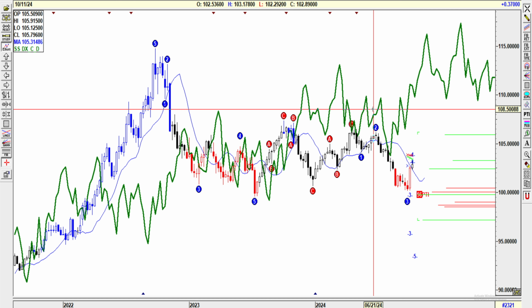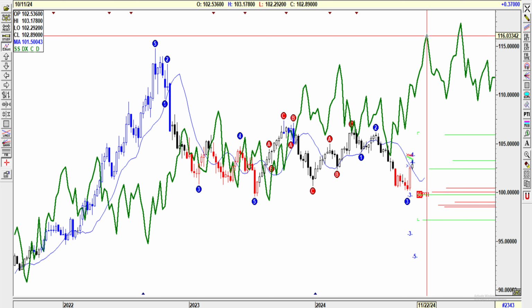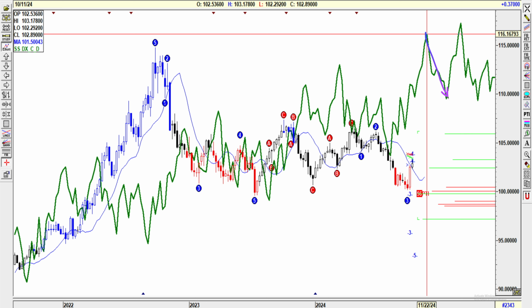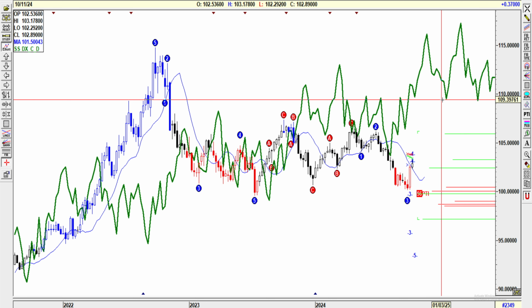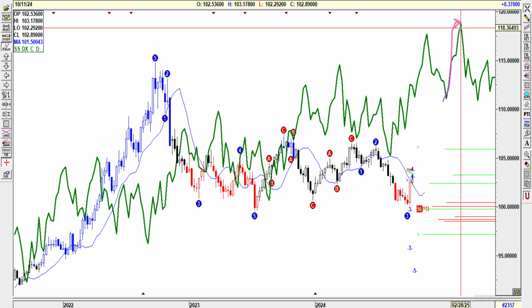Before I do that, this green line right here is the seasonality on average. It's indicating that normally we typically go up to somewhere around November, and then down into, I guess, January, and then a nice little rally to like February of next year.